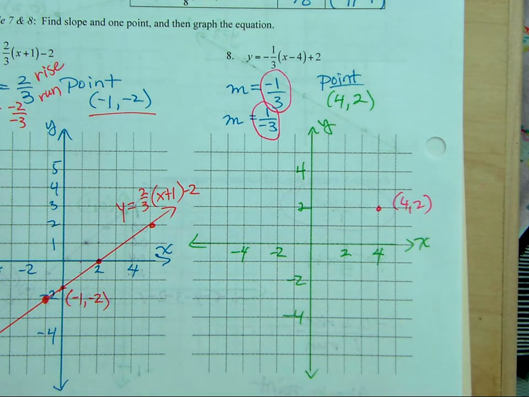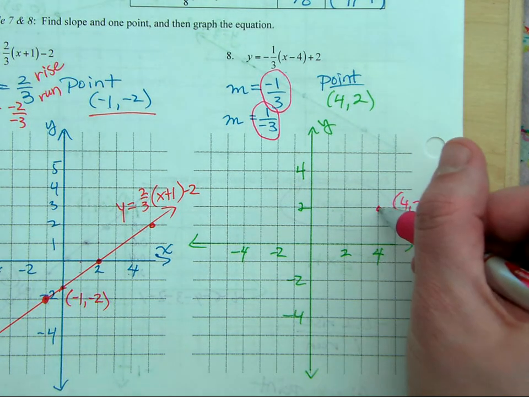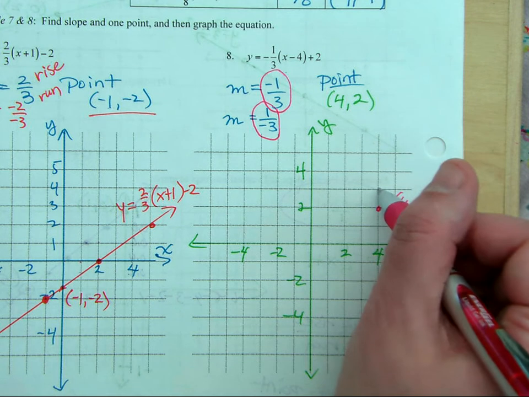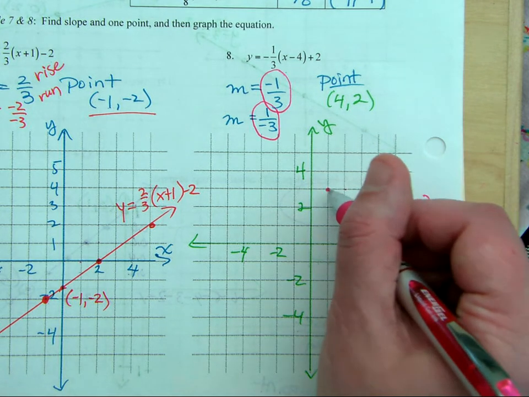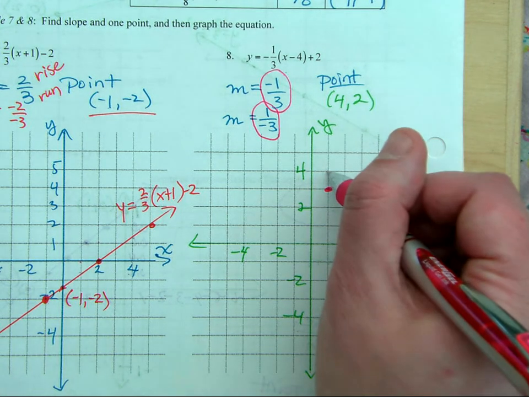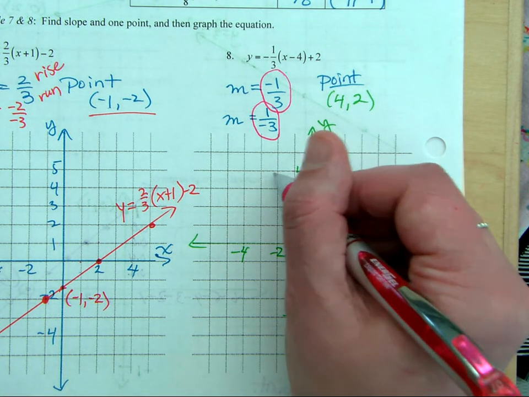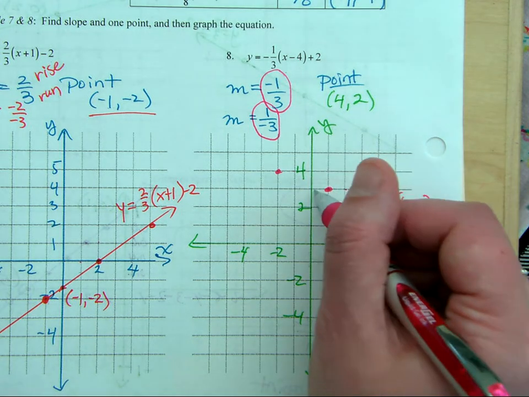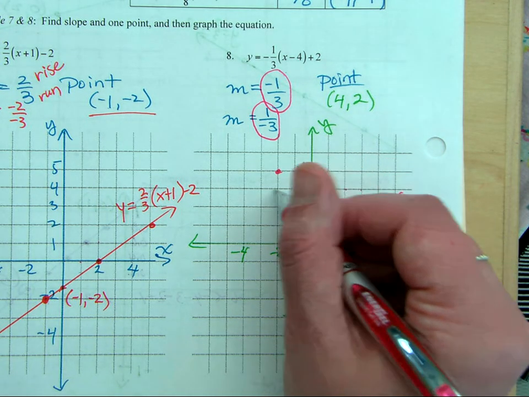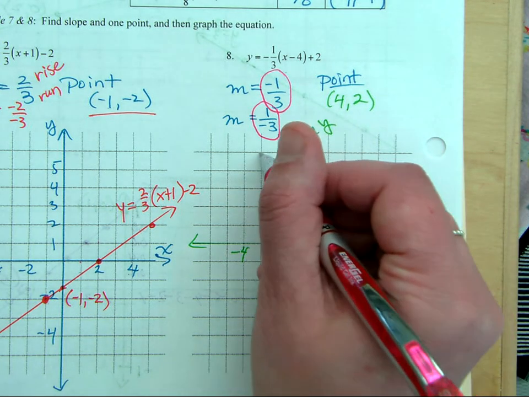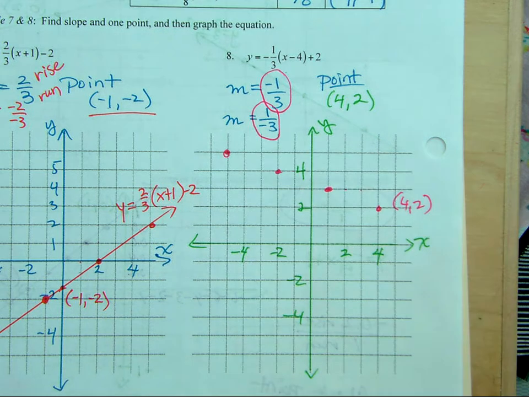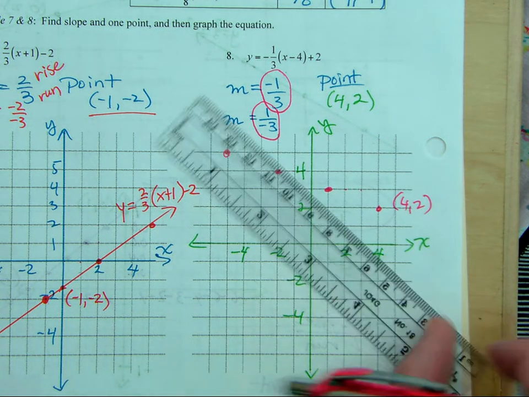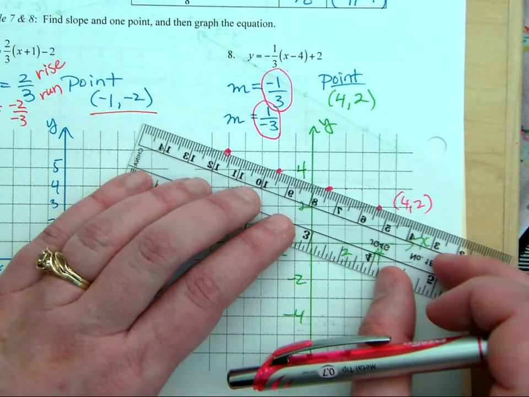I could have drawn it differently. So if I go up 1, I could go back 1, 2, 3. Up 1, back 1, 2, 3. Did I do that right? Yeah. And all of those points should form a straight line.